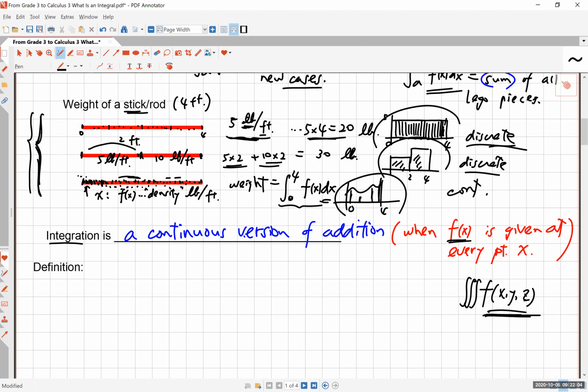This would be a triple integral of f(x, y, z). I can't describe this as the area under the curve or area over a region. But the idea of density and total weight will still make sense even when we talk about three-dimensional objects and integrating over three-dimensional space. So that's what I would like you to remember.